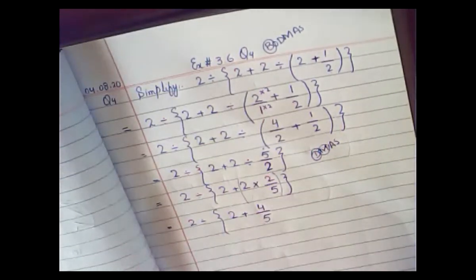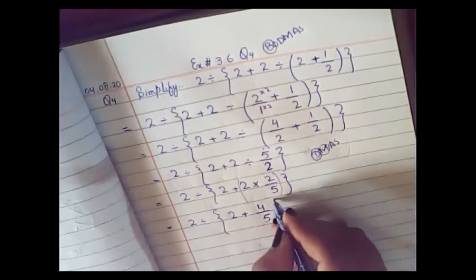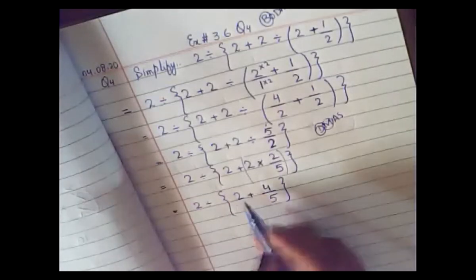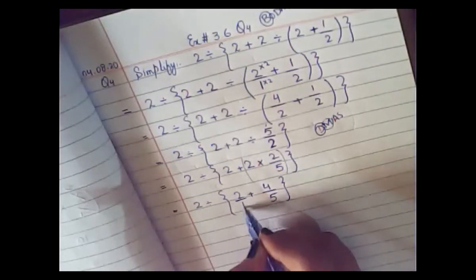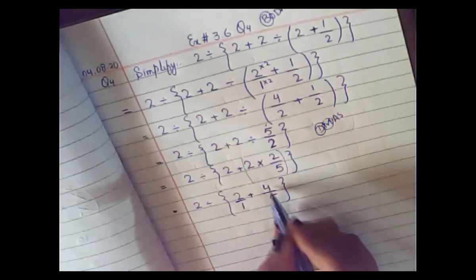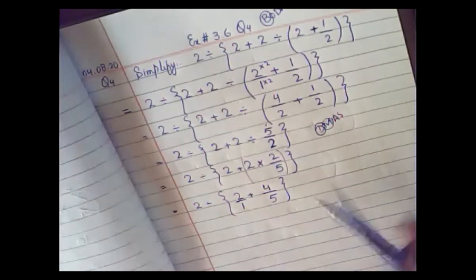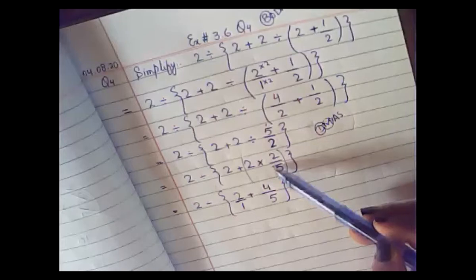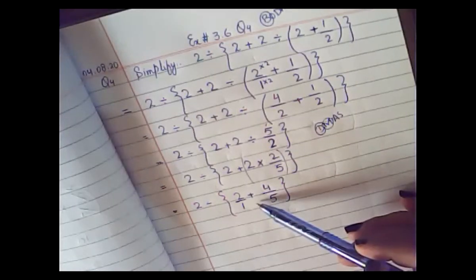That is very simple. 4 upon 5 and then your curly bracket. Now here you have 2. Nothing is written in the denominator, so we will assume that our denominator is 1, and here you have plus 4 upon 5. Now what is the difference between this step and this step? In this step you have to multiply them, and here you have to add them up.